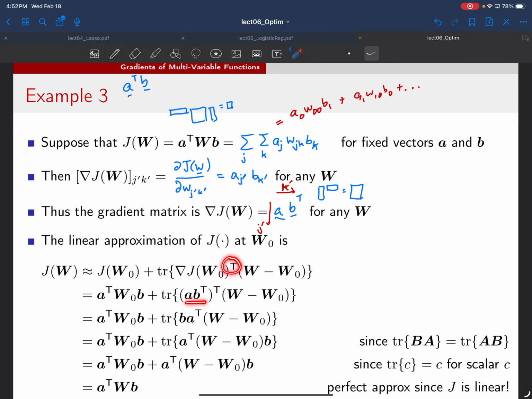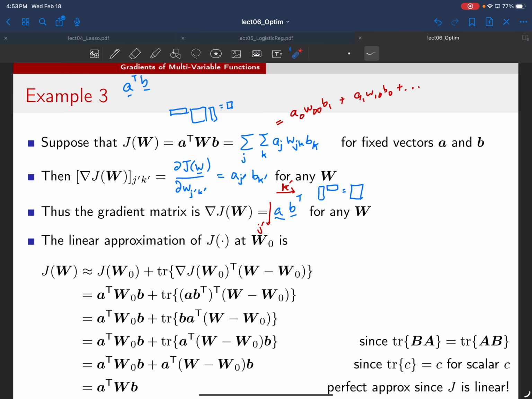That gets transposed again, right? So when I do this AB transpose transpose, since I have a product of things here, I have to reverse them and transpose each one. So the A ends up on the right transposed, and the B is double transposed on the left, so no transpose. Okay, and this is all inside the trace.